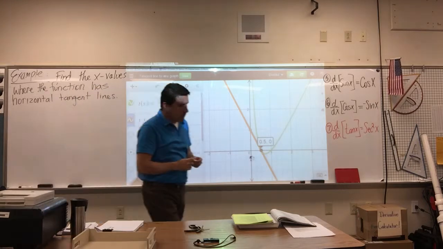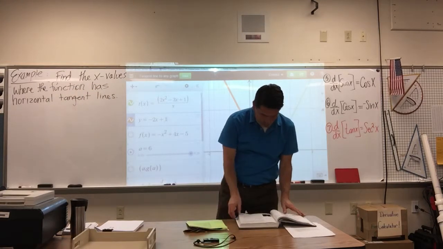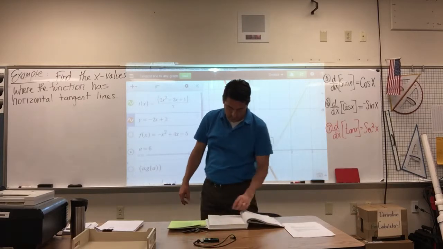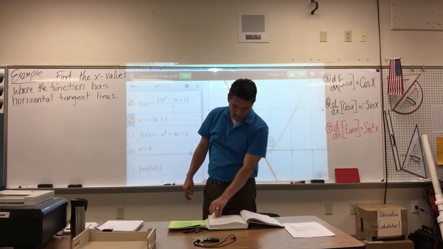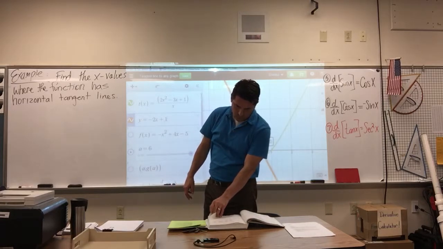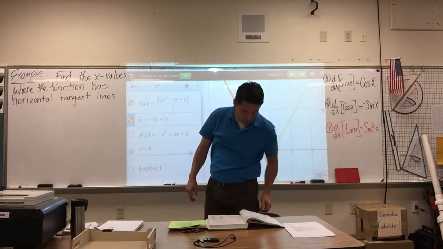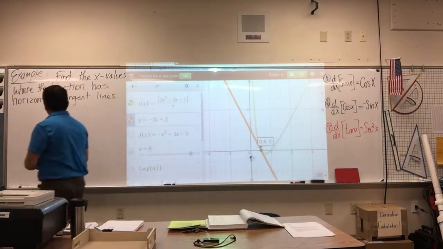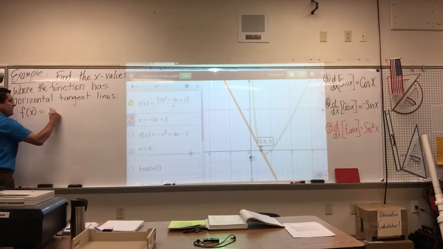Where does the function have horizontal tangent lines? Let's do x cubed plus x. So the function is x to the third plus x.